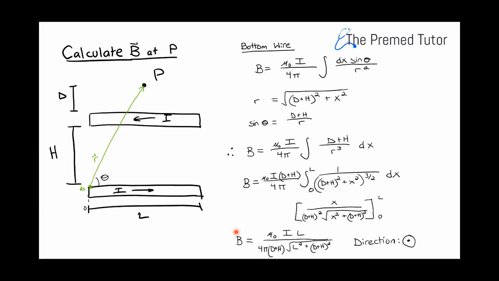So you'll notice as you curl your fingers around at the top, so above the bottom wire, the magnetic field is pointing out of the page, and then below the wire, it is pointing into the page. We're interested in point P, which is above the bottom wire. So the direction of the magnetic field, as contributed by the bottom wire, is out of the page.